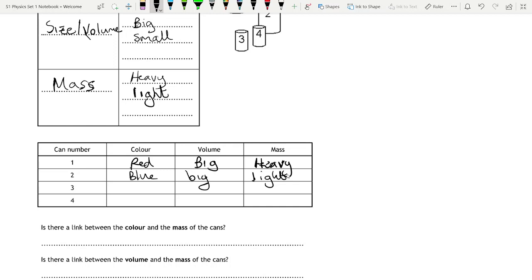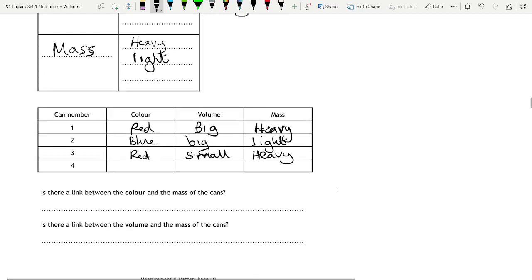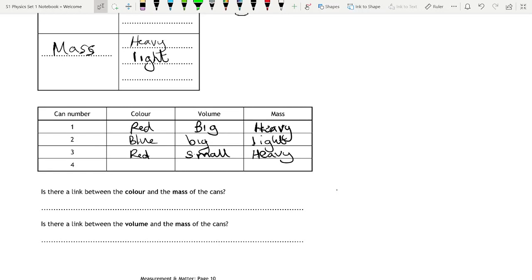Number 3, red, small, and it is heavier. And finally, number 4 is what colour? What volume? Small. And it is light.